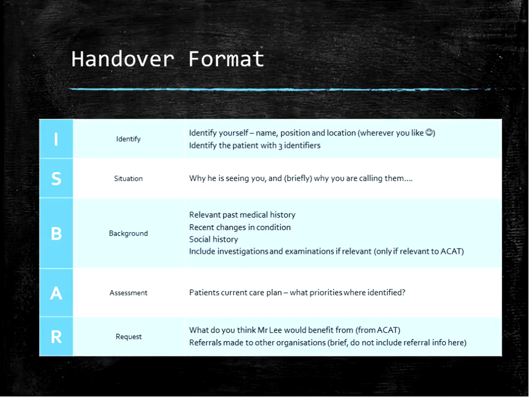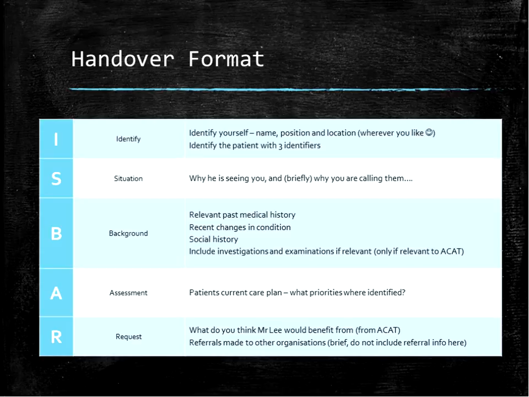Then a background. So just a quick, abbreviated summary. Go nuts with your abbreviations and acronyms that are of a standard format. About his medical history, recent changes in his condition or presentation of life, his social history, and investigations and examinations, only if you feel that they are relevant to this ACAT assessment.